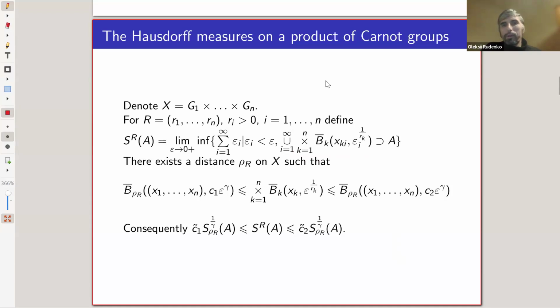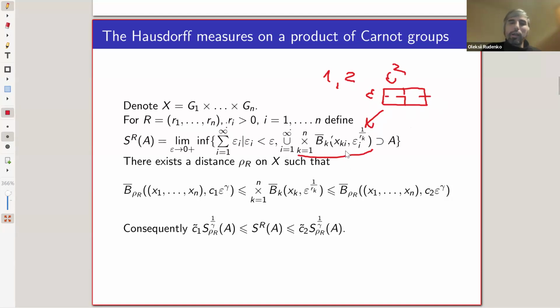For example, one power is 1, and the other power is 2. We consider the product of two balls, one with radius epsilon, and the other with radius epsilon squared. These powers are fixed, and we will consider coverings with such boxes, which have different sizes in different directions.